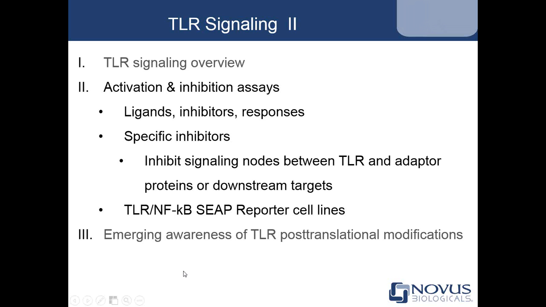Now, I would like to talk to you about emerging awareness of TLR post-translational modification and how that affects Western blot analysis. This is a very, very common topic where people call in and say, well, I wanted to see a single band at a certain molecular weight and I didn't see that, and what do I do?